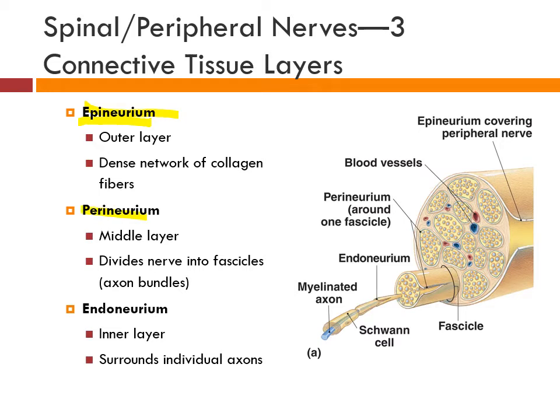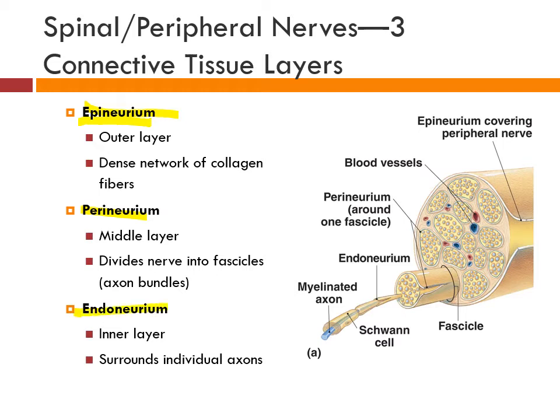The perineurium is the middle layer, and it divides our nerves into fascicles. Fascicles are bundles of axons. When you have a nerve, there are thousands, if not more, axons of individual neurons within that nerve, so they are compartmentalized into fascicles, and the fascicles are surrounded by a perineurium.